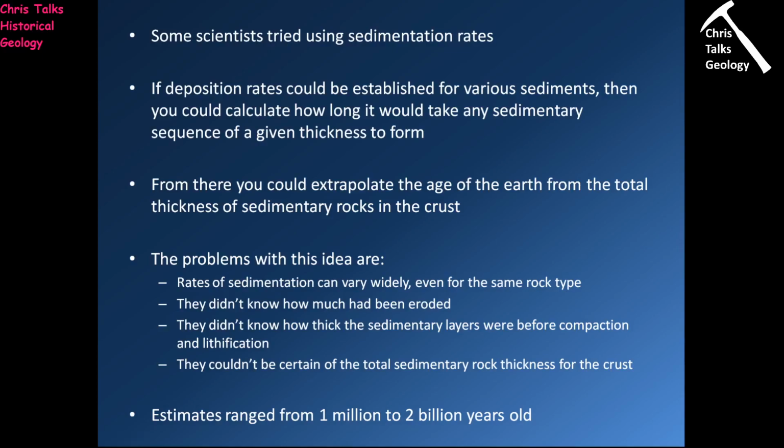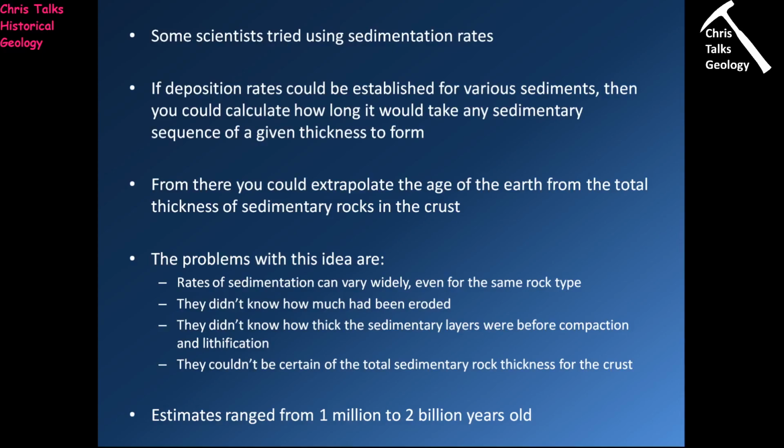So some scientists tried using sedimentation rates to calculate an age for the earth. So they were working under the idea that if you can establish depositional rates for various sediments, then you can calculate how long it would take for any sedimentary sequence of a given thickness to form.